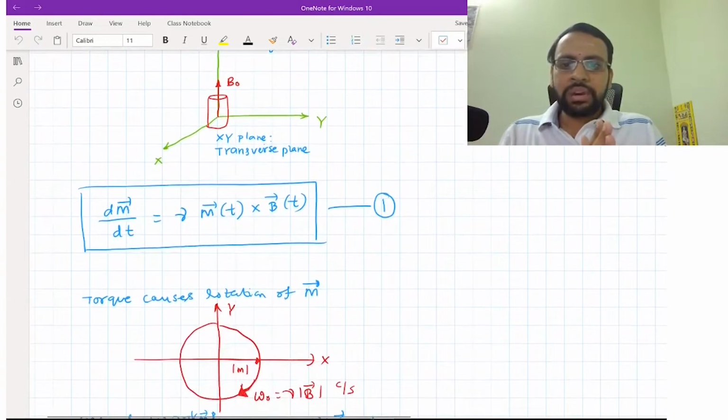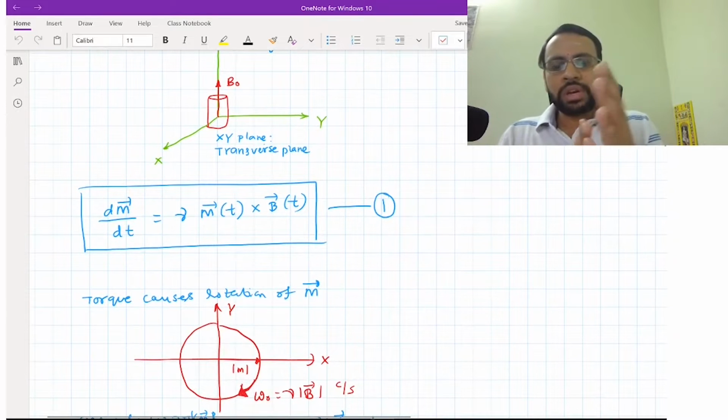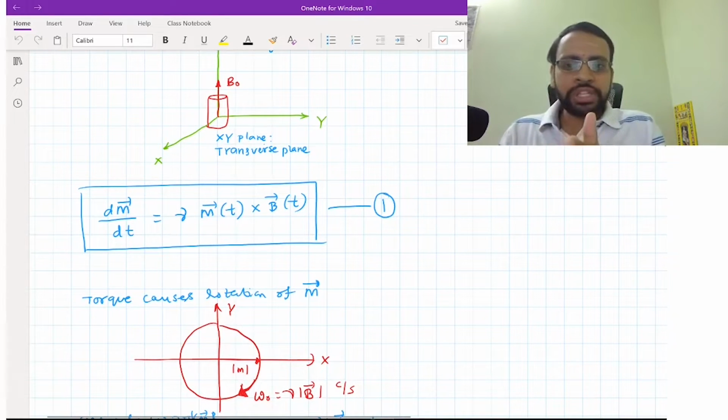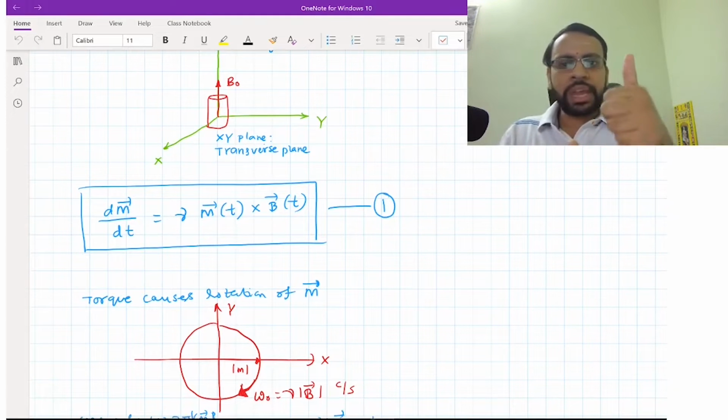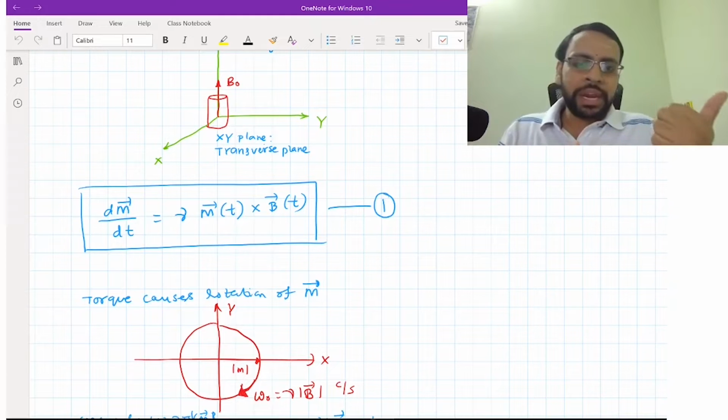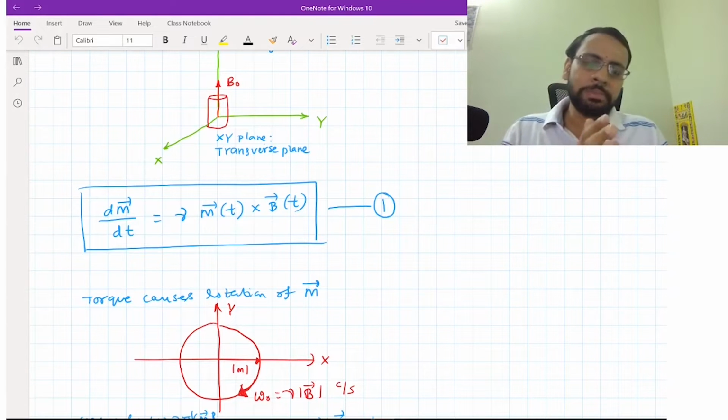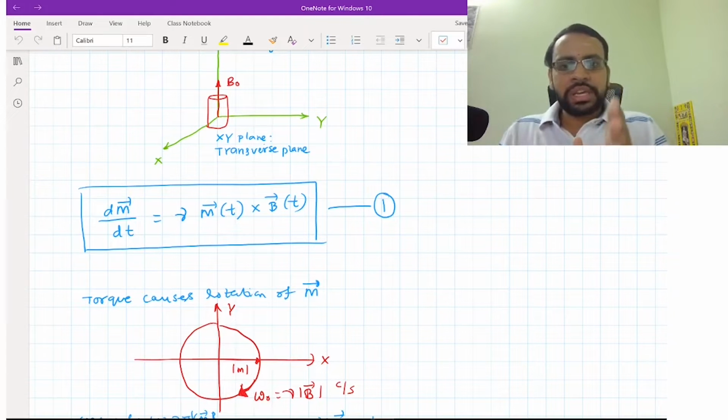We arrived at the expression dM bar by dt is equal to gamma times the cross product of M bar of t, the resulting magnetization, and the applied external magnetic field B bar of t. As we discussed in the previous lectures, this M is a function of x, y, z as well as time.